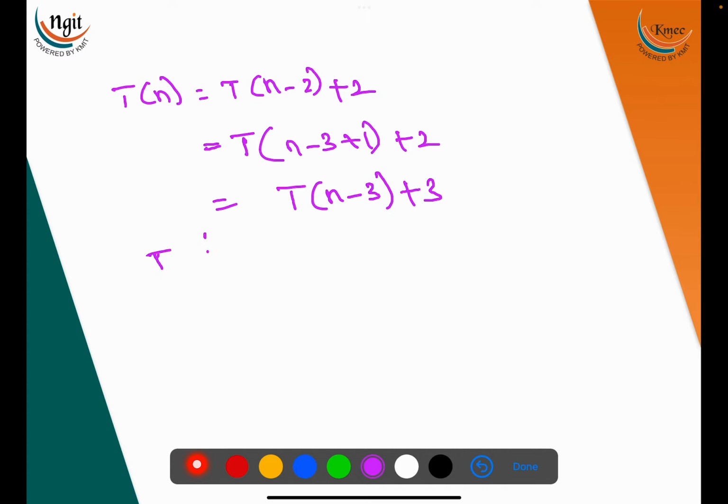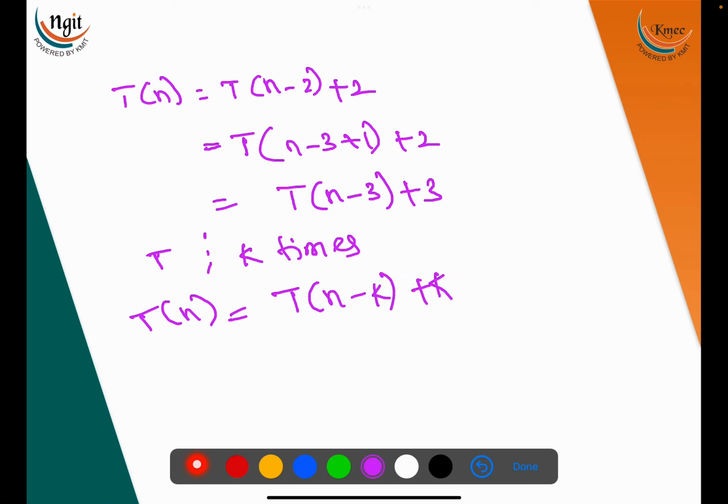So, if you continue this k times, T of n is equal to what? T of n minus k plus k. Correct? Now, what happens when k reaches n?